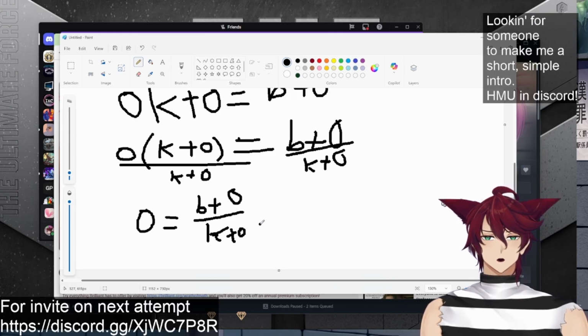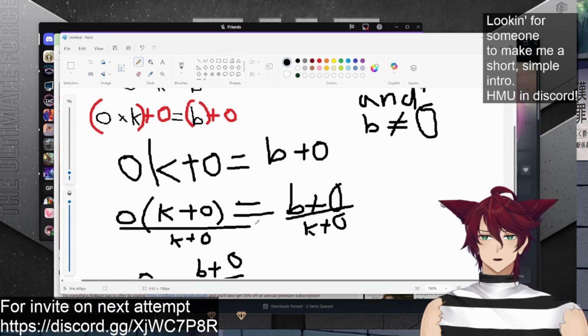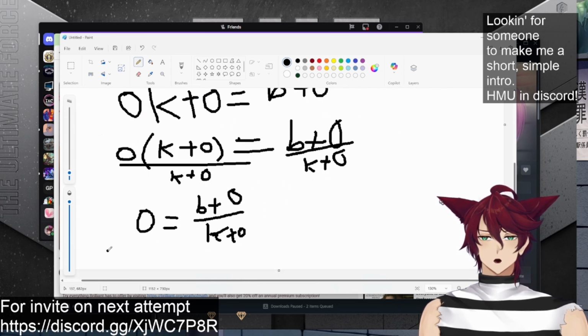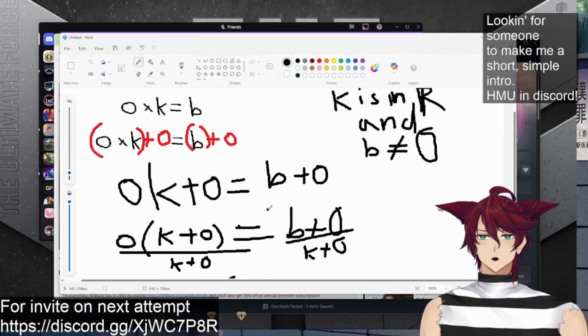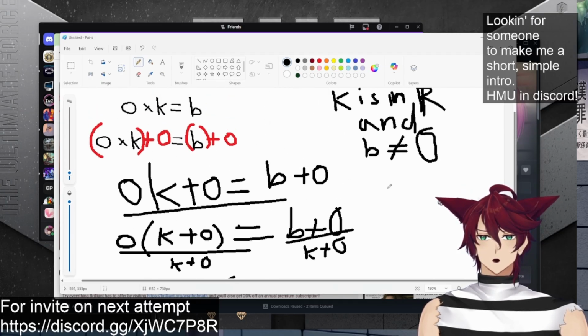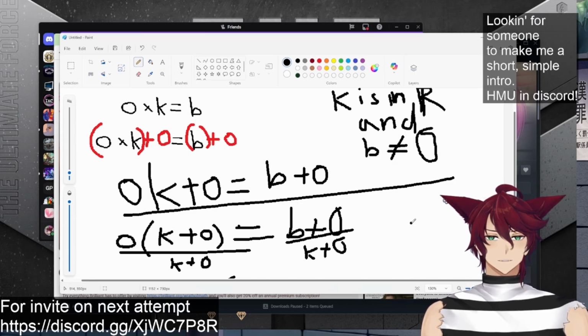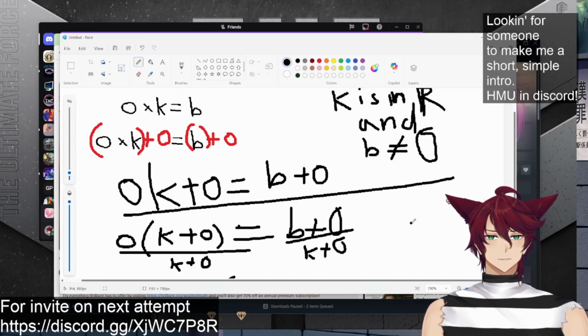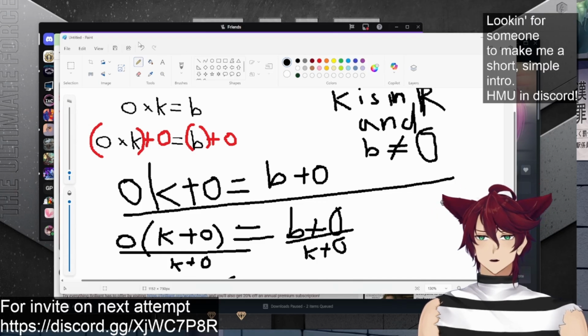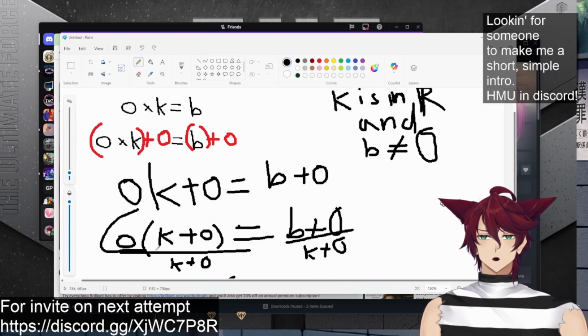If we multiply both sides by k plus 0, we get back to 0 times k plus 0 on the left side, and just b plus 0 on the right, which is the same as this, I think. Or actually, we just go right back to where we were right here.